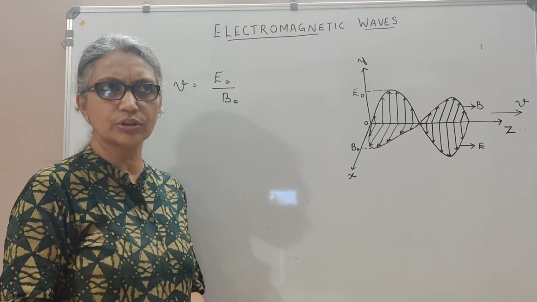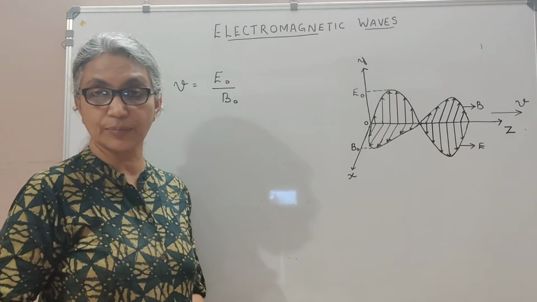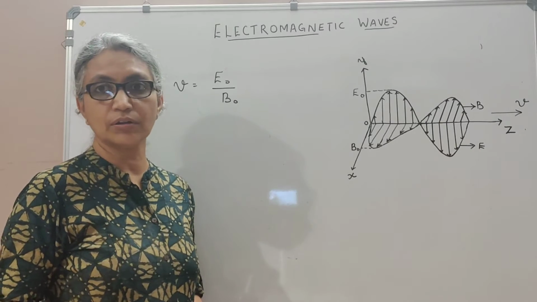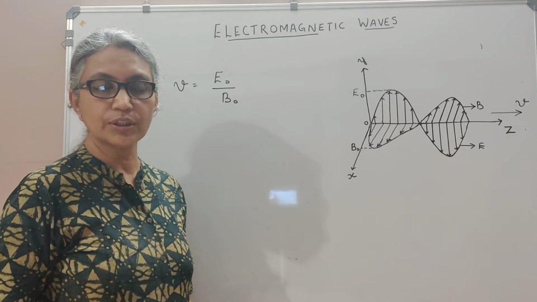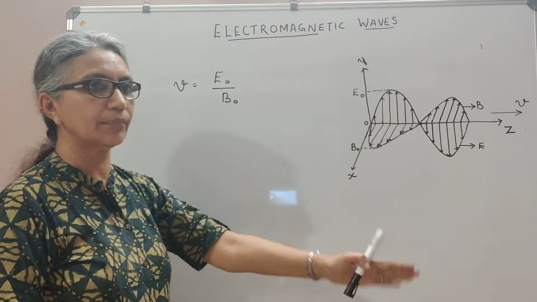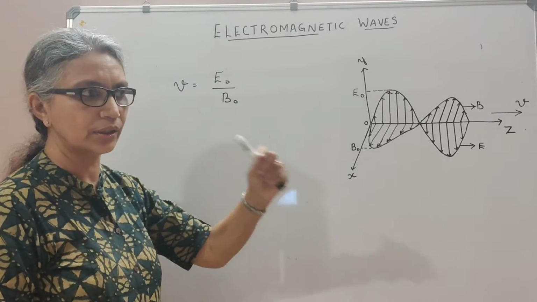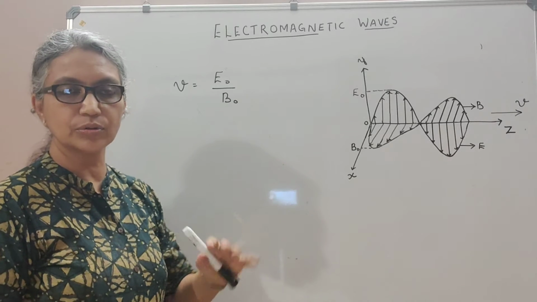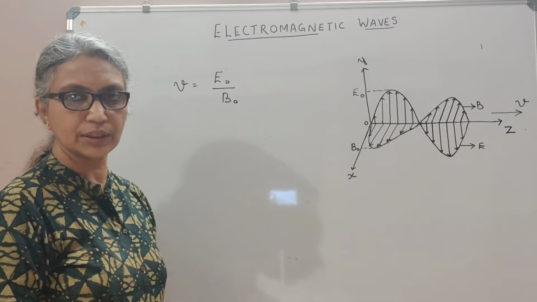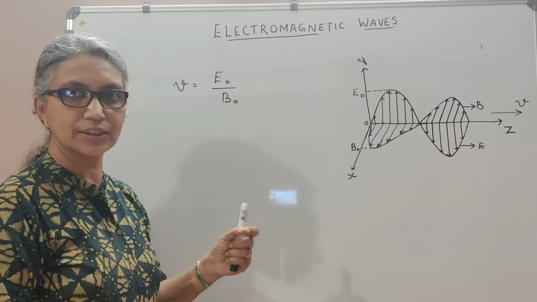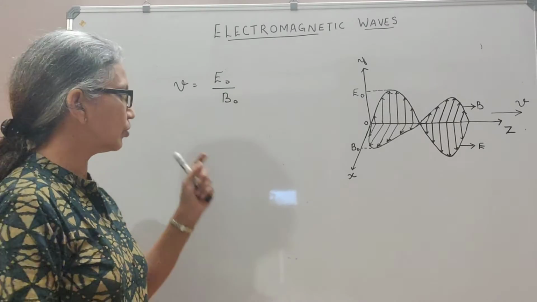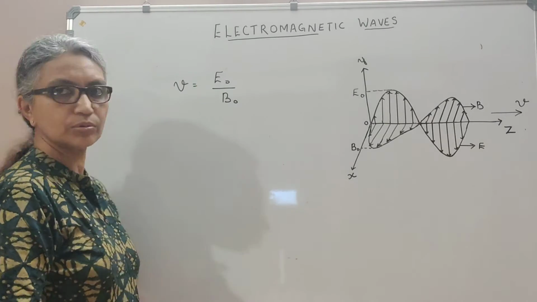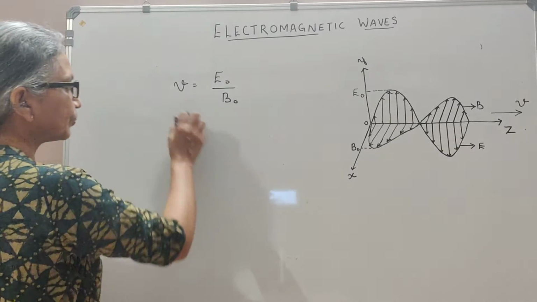This is nothing new to you, because in chapter 4, we did a topic called velocity selector, in which we have an electric field and a magnetic field perpendicular to each other, and the charged particle has a velocity perpendicular to this electric field and magnetic field, and we came to the final equation as v equal to E by B. So same thing we have, v equal to E0 by B0.